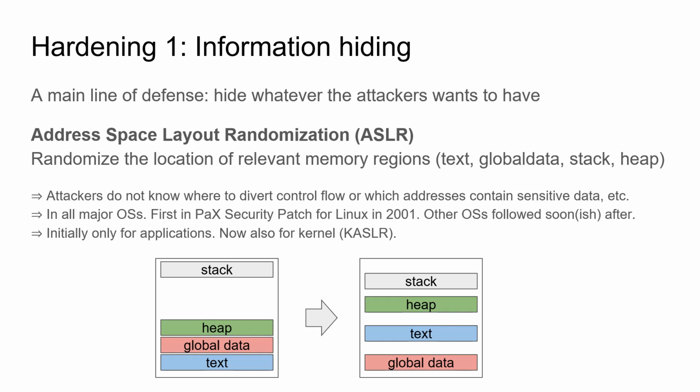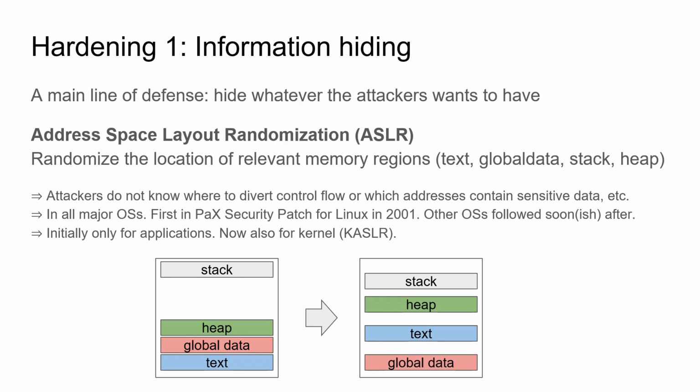We simply randomize the location of the stack, the location of the heap, global data, and text, so that it appears somewhere randomly in our 64-bit address space. And that means that if an attacker is able to control, say, the return address of a function or some other code pointer, it is not so easy for the attacker to determine which value to provide for that address.